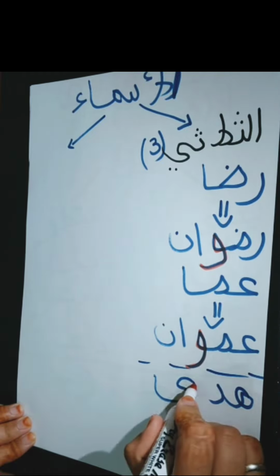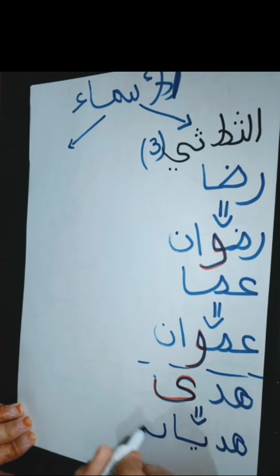But if we want to change this word to 2, we will say هديان. We can see that these words have ليا. If it has ليا, that means we should write it with الألف المقصورة.